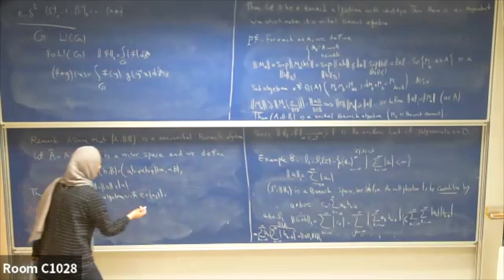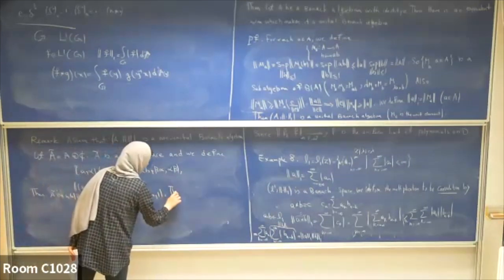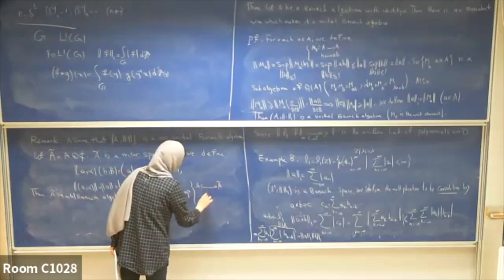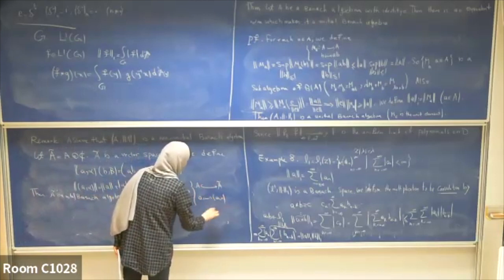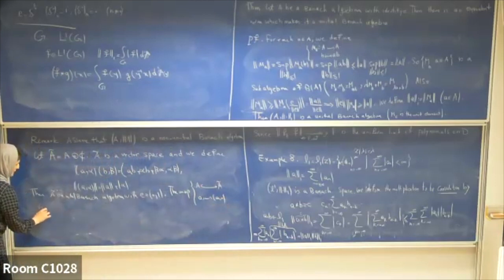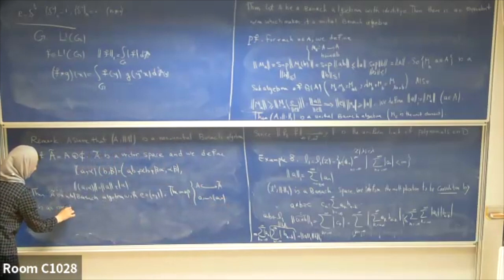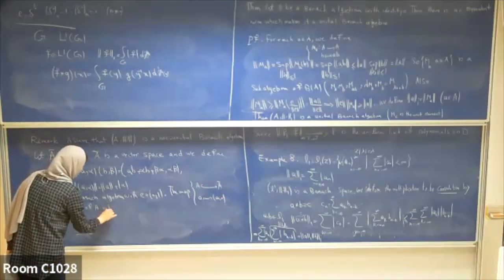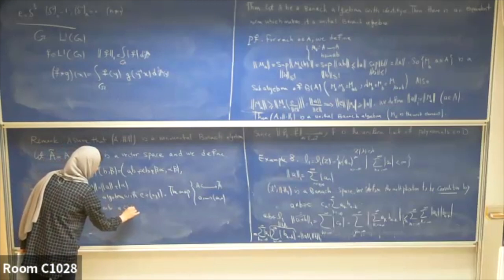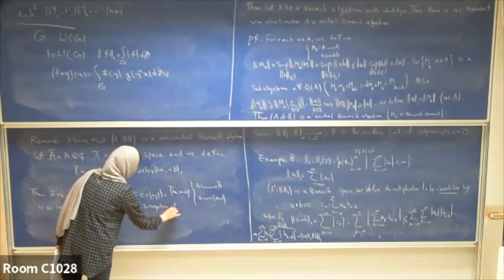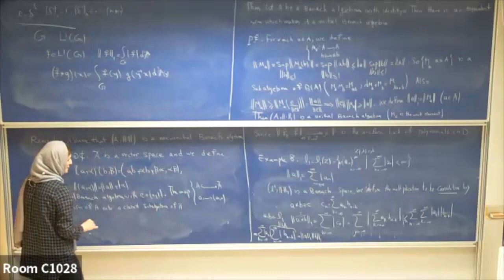Actually, the map from A to A tilde, which takes a to (a, 0), is an embedding, is an isomorphism of A onto a closed subalgebra of A tilde, whose codimension is 1.